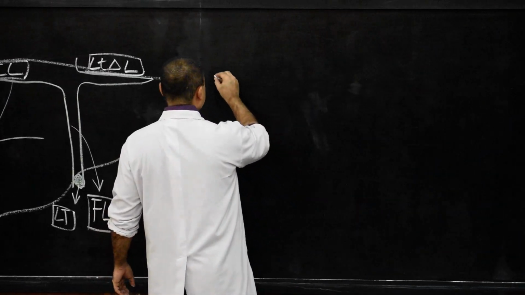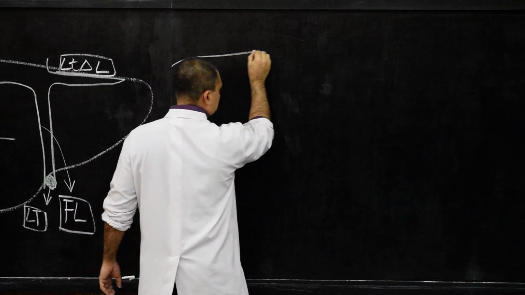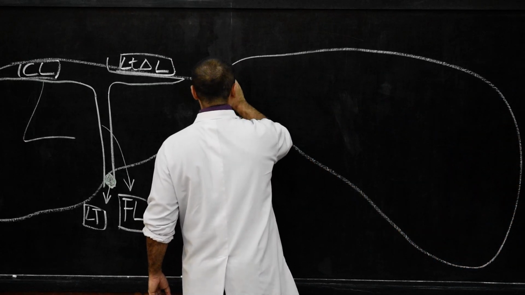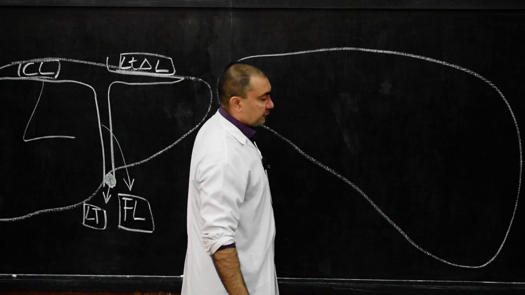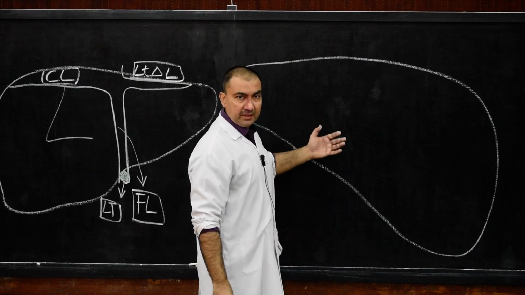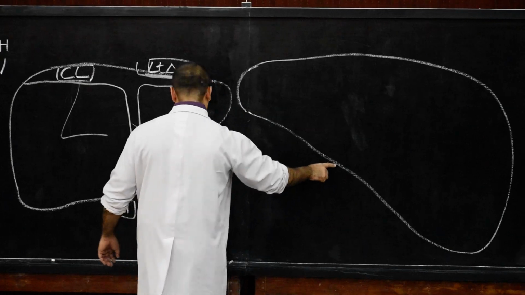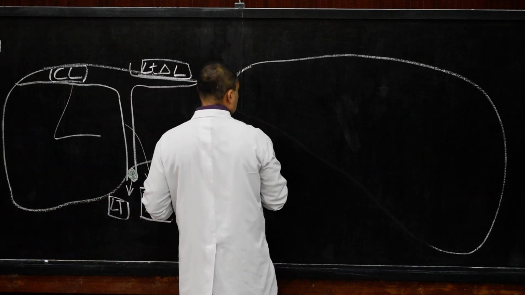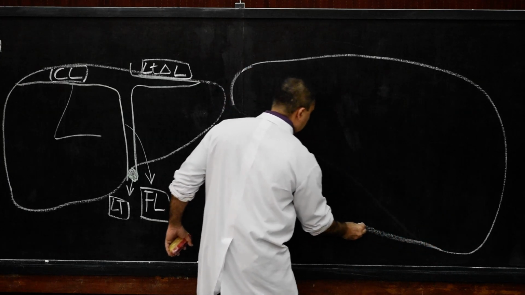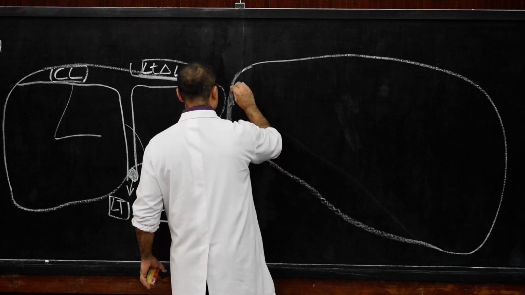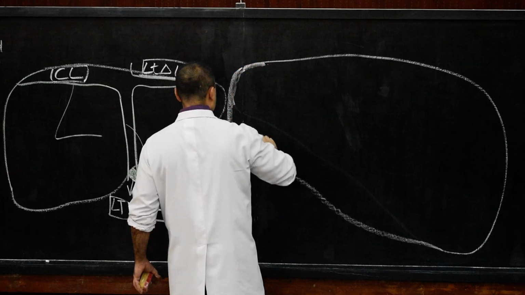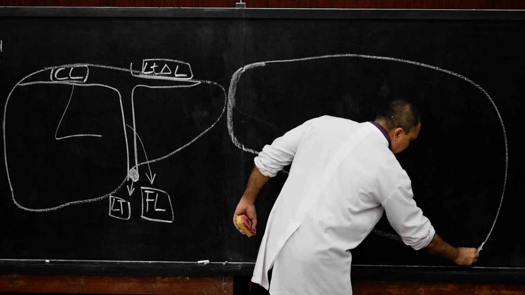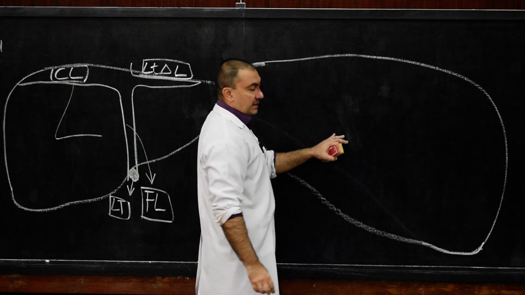Now here, what we are going to draw will be the liver that we see from the posterior surface, rather, it is posterior inferior surface. Now this segment here, I should make it more broad, so I will draw it in this way. This is the posterior superior surface of the liver.